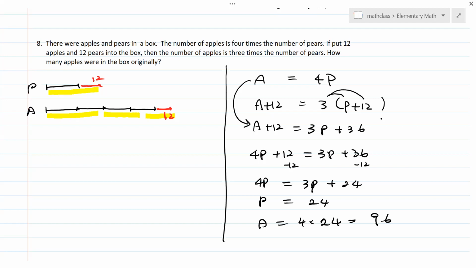Now from the picture, can you figure it out that easily? Right, remember. Yeah, how do you compare them now?